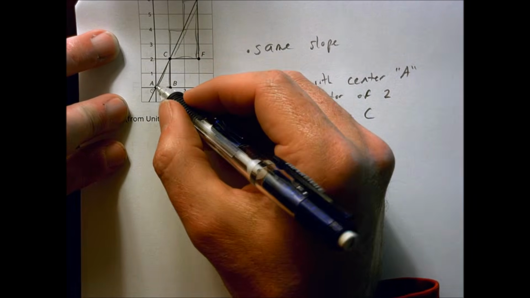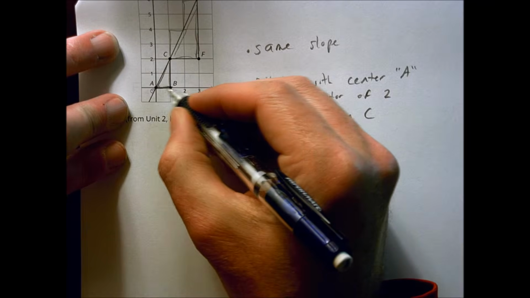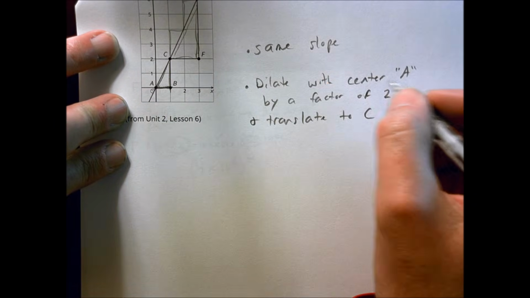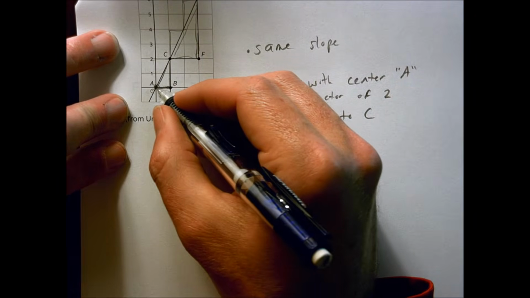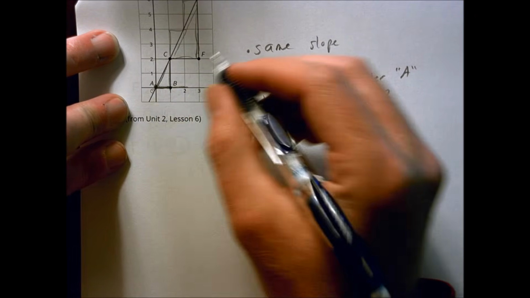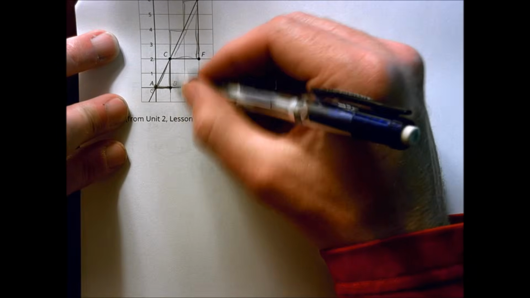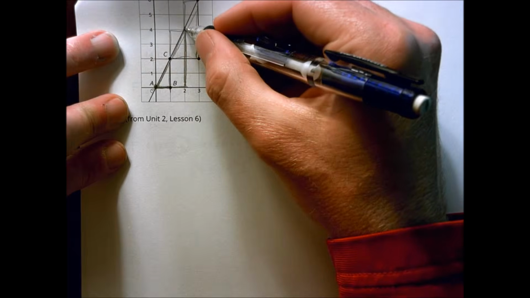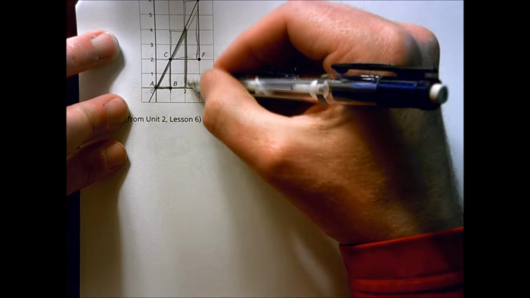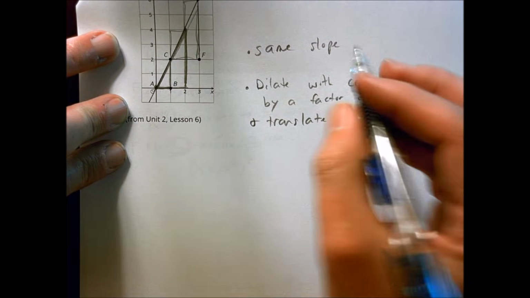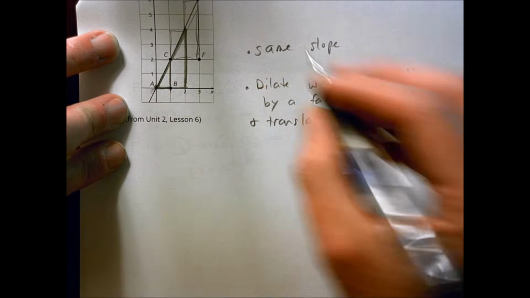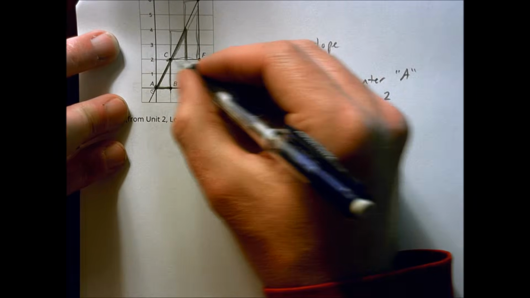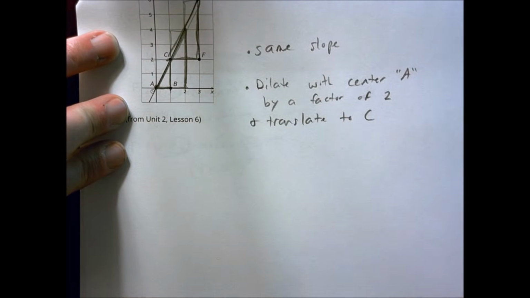So here the distance there is 1, and if I dilate with the center A being this and push it out to 2, I get to there. If I double things up, instead of going 2, it becomes 4. 1, 2, 3, 4 gets there, and that doubles up as well. So what I'm saying is we're going to do a scale factor of 2 to make things that much bigger, and then we're going to translate this whole thing from A to C to plop it on this point right there. So that's going to be an increase in the scale.